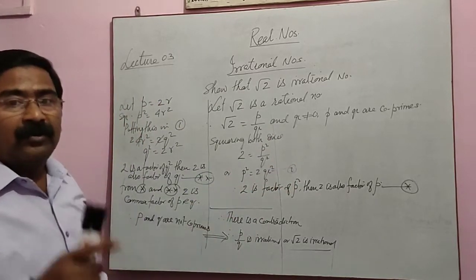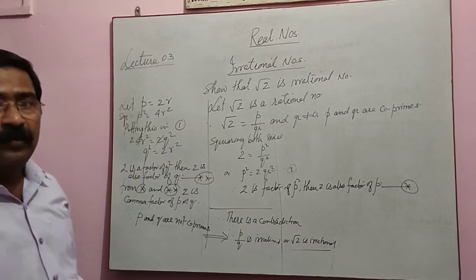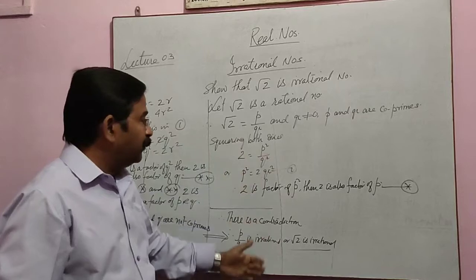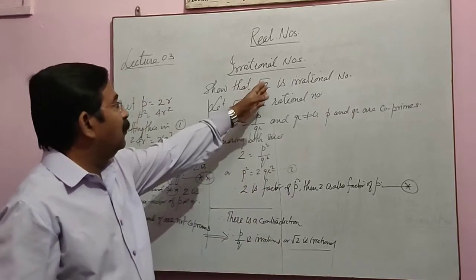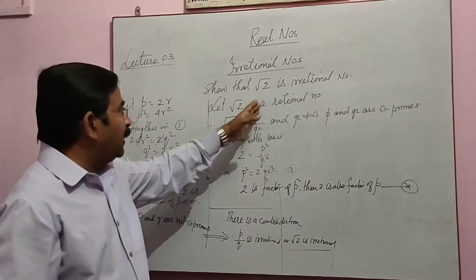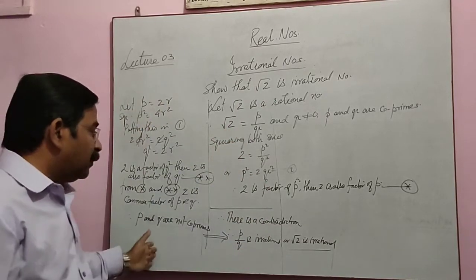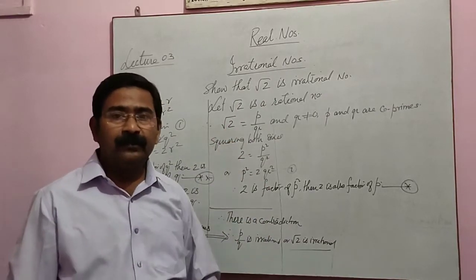Suppose one question is given in your exercise, prove that under root 5 is irrational number. So this statement is same. Just you will write under root 5 everywhere. Wherever you are having 2, you can write 5. And other statements are same. You can get the result.